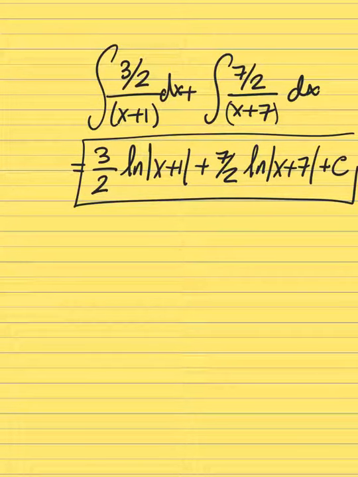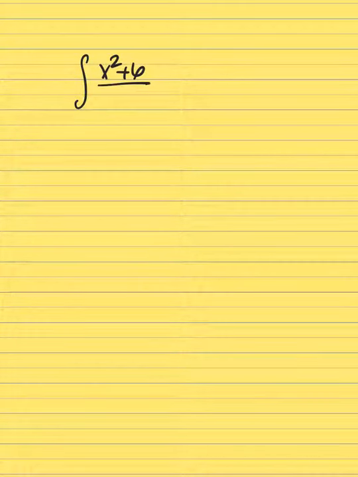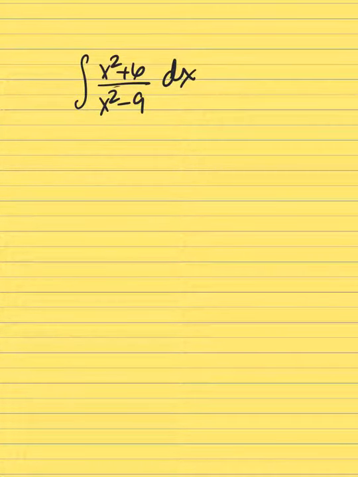All right. What if I had something like this? x squared plus 6 over x squared minus 9 dx. Now, here's the deal. Look at my degrees. They're the same. I can't do partial fractions unless the degree in the denominator is bigger than the numerator.